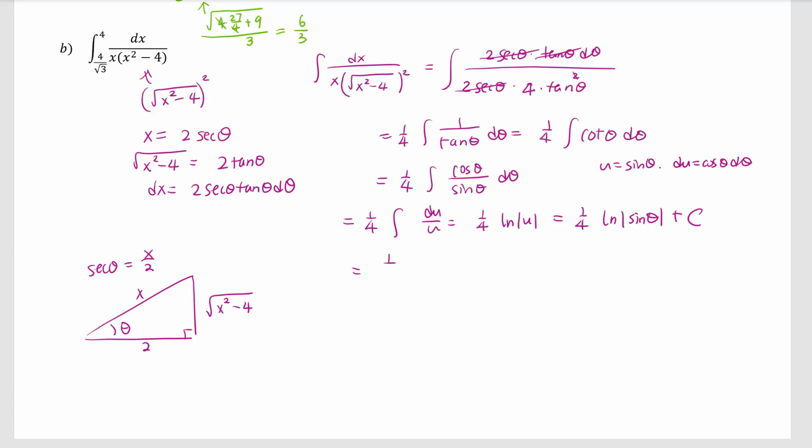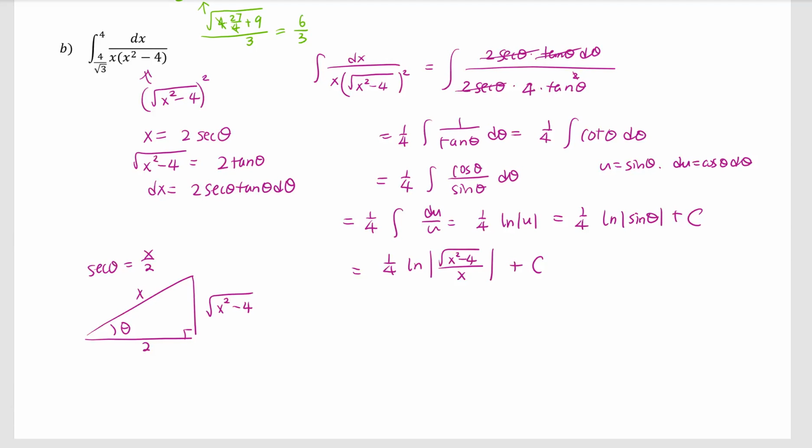So 1 over 4 ln of sine, which is opposite over adjacent. Yes, everybody? Okay, let's continue. Oh, sorry. It's not opposite over adjacent, it's opposite over hypotenuse. Yeah, so it's very important to check our answers.